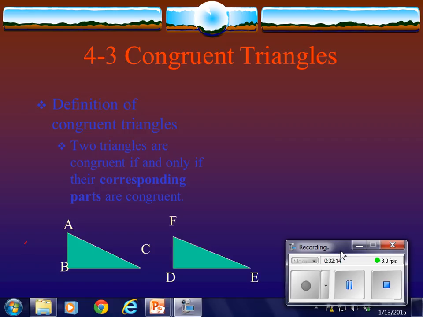All right. Write this down, definition of congruent triangles. Two triangles are congruent if and only if their corresponding parts are congruent.